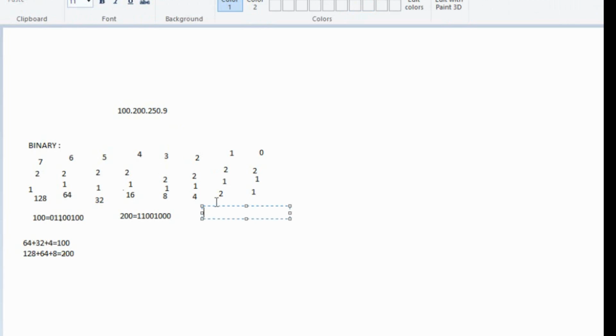Now let's go for 250. We turn on bit 128 because it's still within 250. Now we put another on bit for 64.